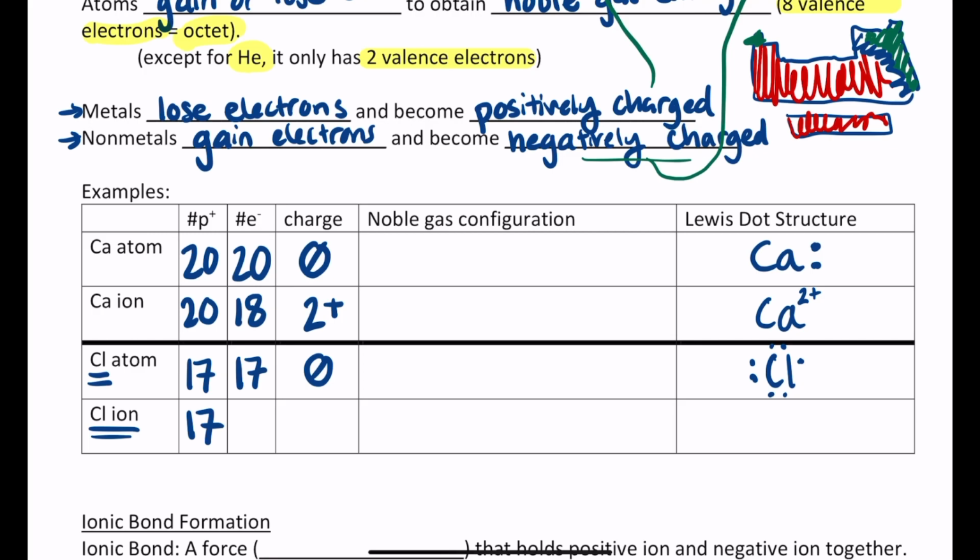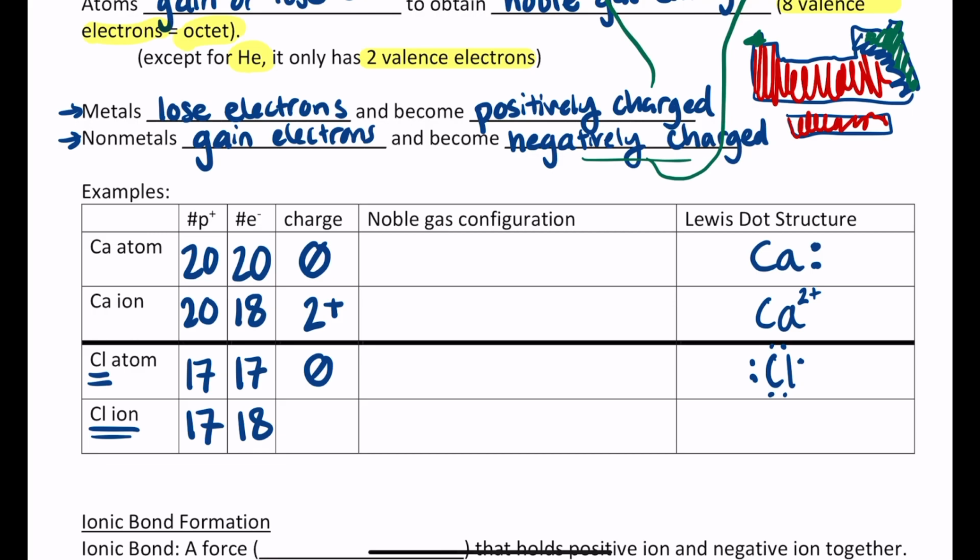That means they need to have 8 electrons in their outermost shell. Right now chlorine has 7 electrons, so to get 8, it needs to gain 1 electron. If it gains 1 electron, then chlorine is going to have a total of 18 electrons.